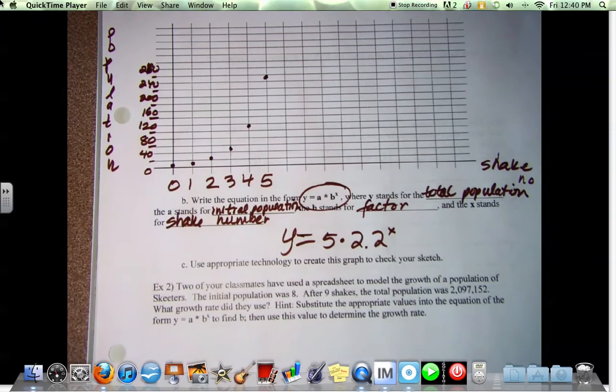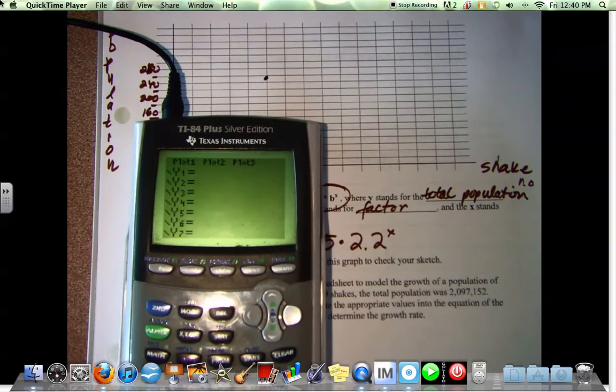So, turn your calculators on. Do you have the graphing calculator? Press y equals, right here under the stat plot. And type in your equation: 5 times 2.2 caret x.